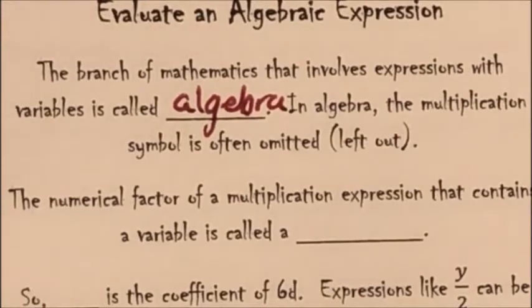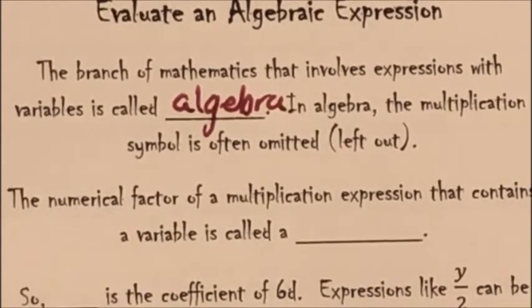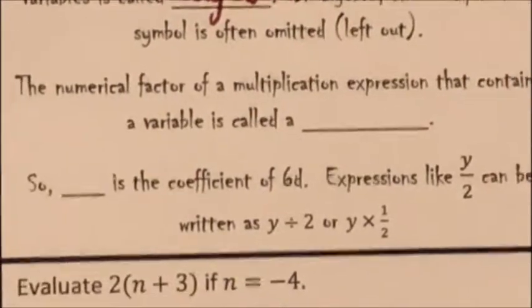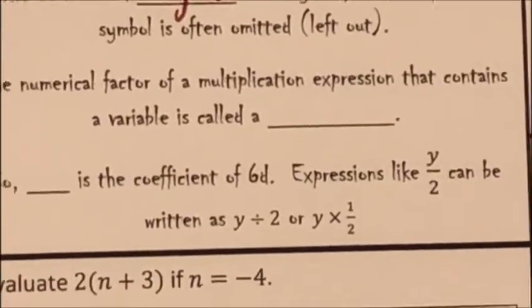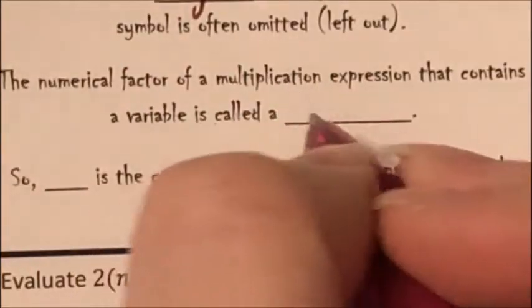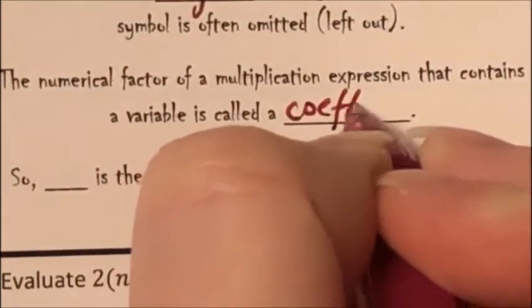So in algebra, the multiplication symbol is often omitted, so it's left out. It's not there, okay? So you're just supposed to know that you have to multiply. The numerical factor of a multiplication expression that contains a variable is called a coefficient.